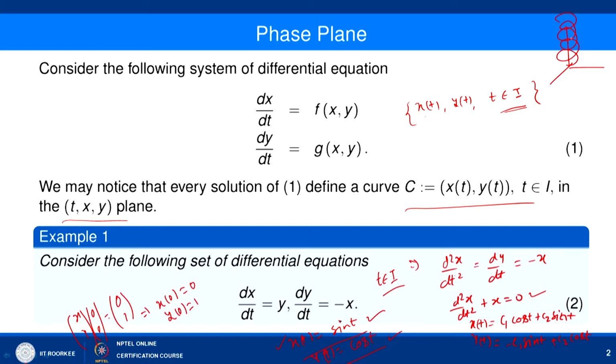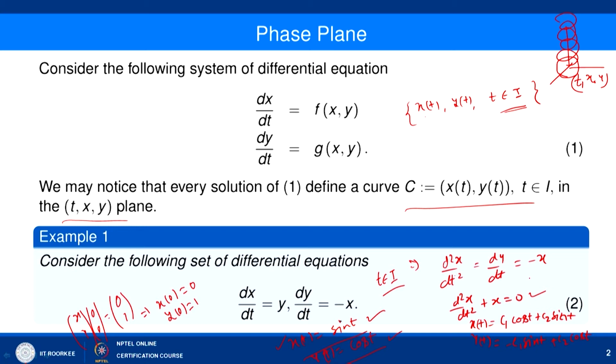So, it is a helix in the t, x, y space, and it not only traces a curve in 3 dimensions. If you consider the projection onto the xy plane, then it will be a kind of circle on the xy plane.